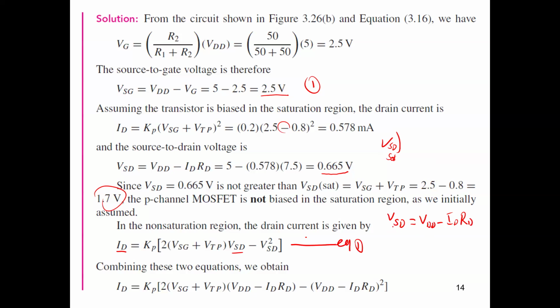Now, let's substitute the value of VSD in our equation. So this will go here and here as well. So this is going to be a relatively complex equation. But this is a way to solve it analytically.